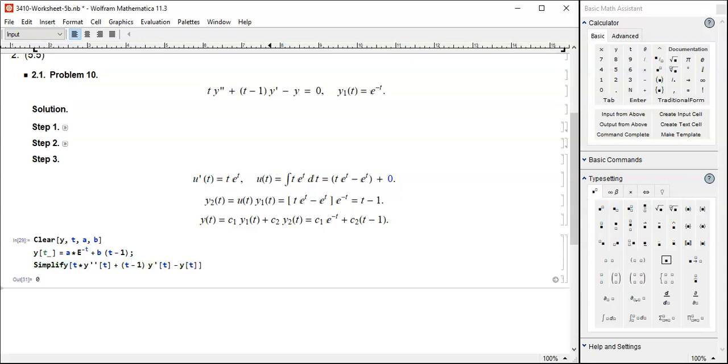Simplify. Am I gonna get 0? Yes, indeed. So everything is correctly done.